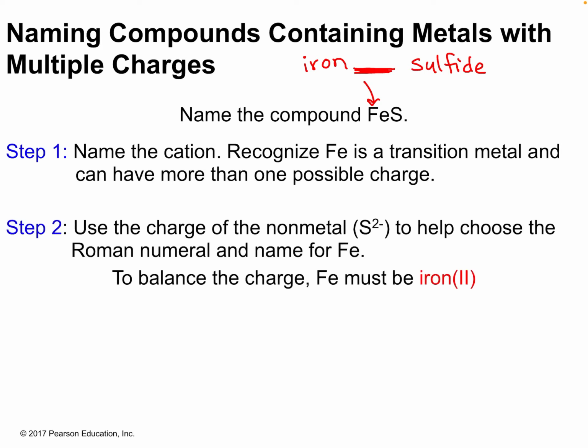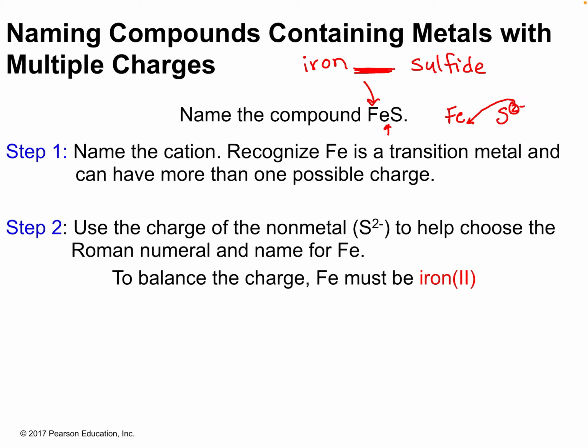So we're going to use the charge of the sulfur to help us figure out the charge for the iron. Well, you'll notice that if we look at FeS, there's no subscripts. Normally if we would have Fe something and S2 minus, that 2 would be carried to the iron. But the 2 wasn't, there's nothing here. Which means the only time that happens is when these atoms directly cancel out.